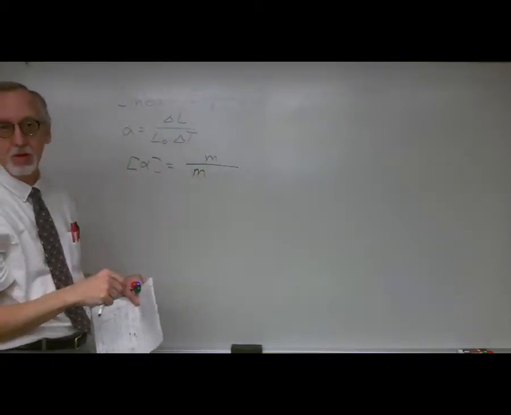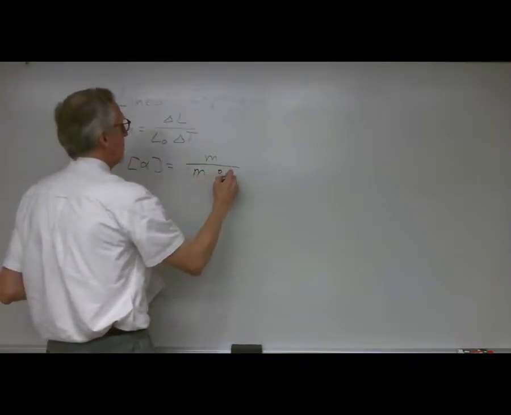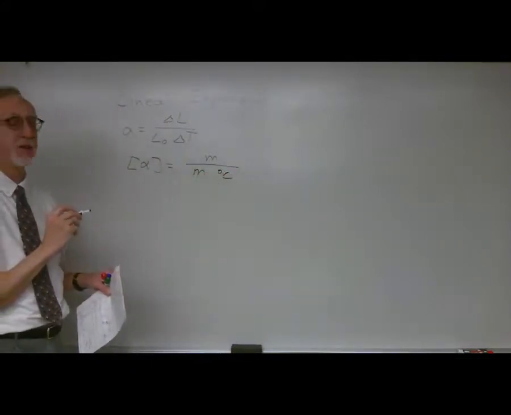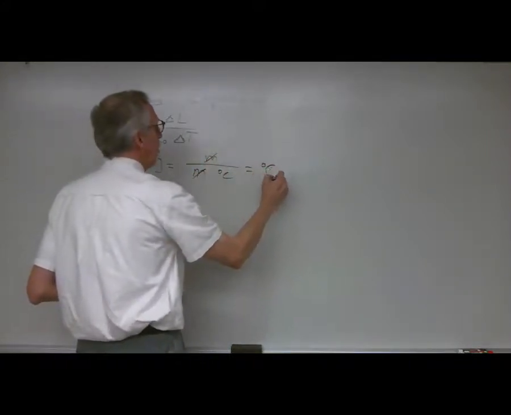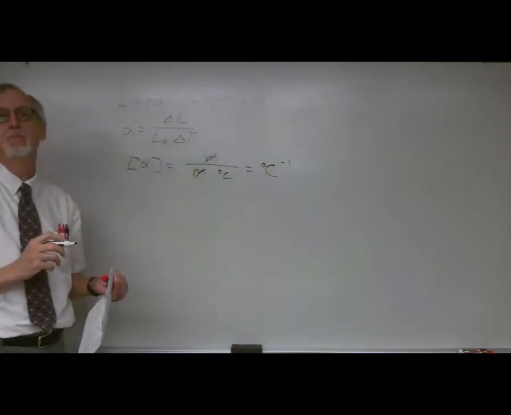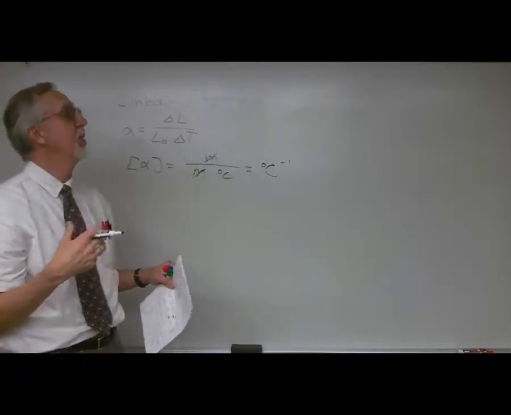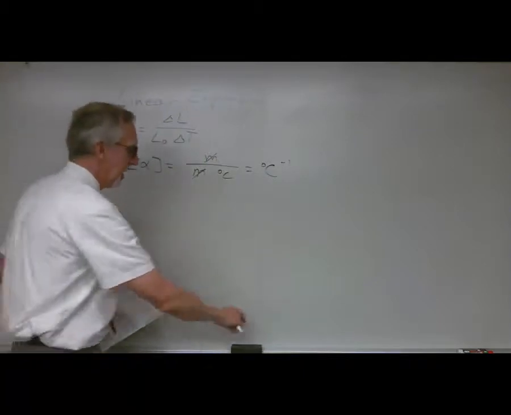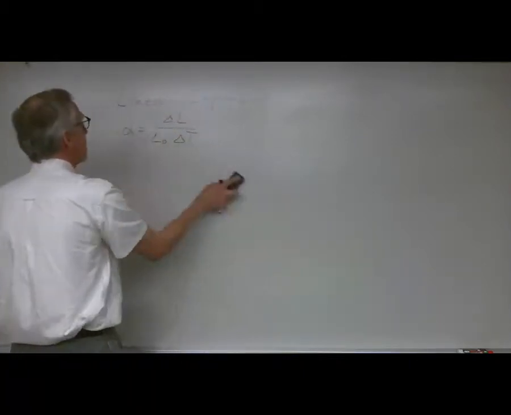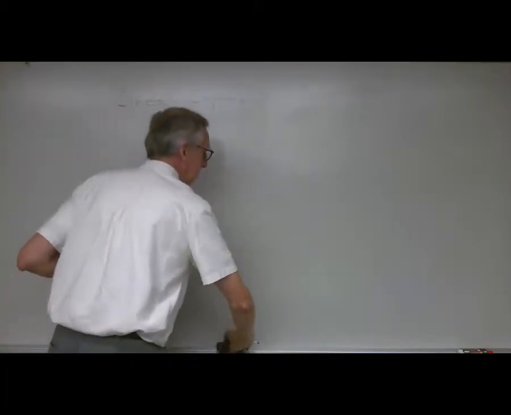Now, typically we'll be using centigrade, so divided by degrees centigrade. Well, the units of length cancel, and we end up with the units of alpha, the coefficient of linear expansion, being inverse degrees centigrade.